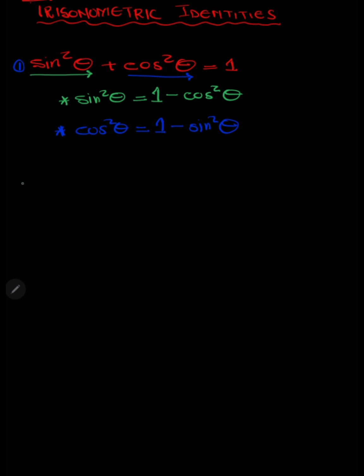Now let us go to the second trig identity, which I am going to write in another color. It will be tangent theta equals sine theta over cos theta. We're done.